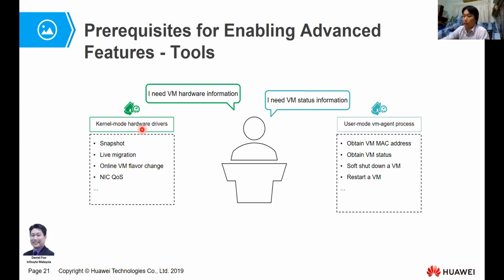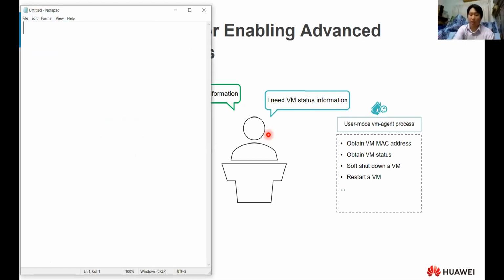And then the virtual machine tools, act as an agent, will get the hardware information and also the status information, like whether it is actually having some problem or not on the virtual machine. So you will see that the VM2 will provide you a virtual machine hardware driver, and advanced feature.